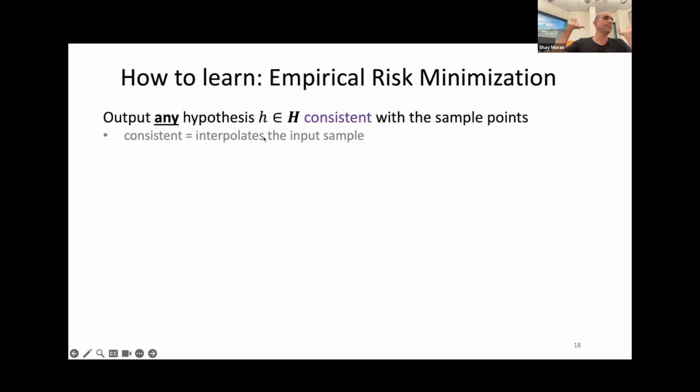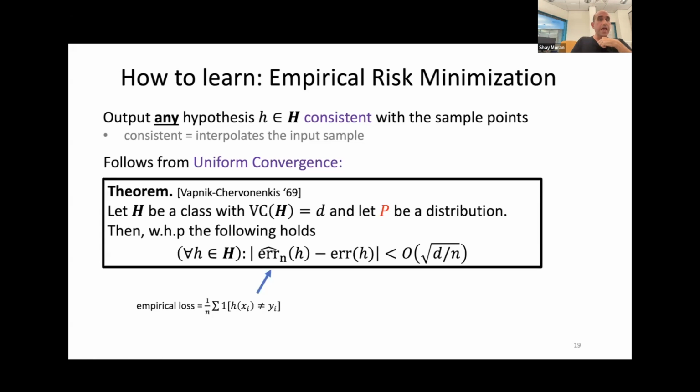So you can forget about all this generalization and probability theory and IID. You just have an optimization problem. You get an input sample, and you need to compute a hypothesis from the class which interpolates the input. This follows from this very seminal result by Vapnik and Chervonenkis. And for those of you who were here yesterday, we also used this result in the minimax. So let's read it together carefully.